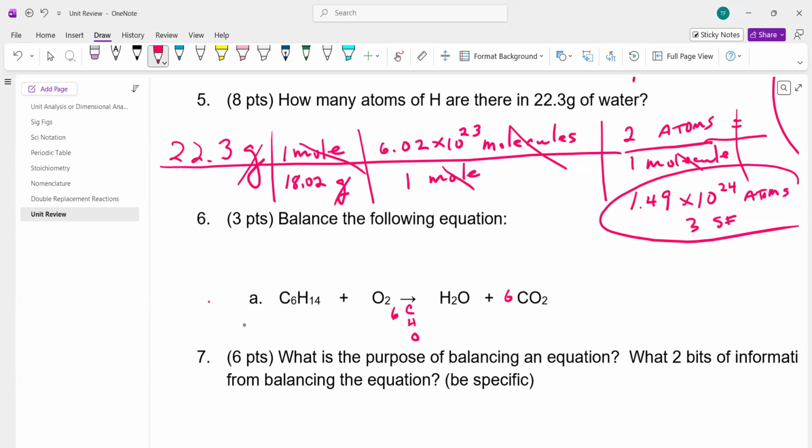Let's just make 6 here automatically. So we have 6. Okay, hydrogens, we've got 14 on the left, and we've got 2 on the right. Oxygens, 2 on the left and 13 oxygens on the right. Okay, so obviously it's not balanced. Where do you want to start?